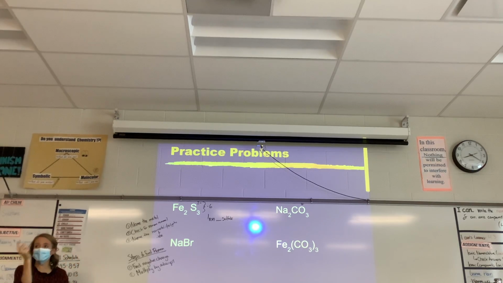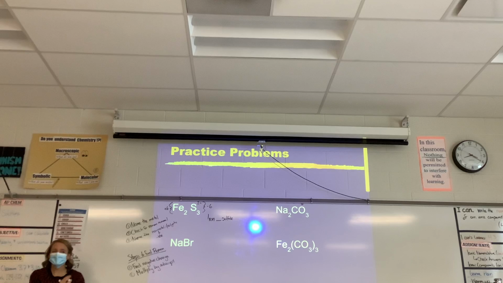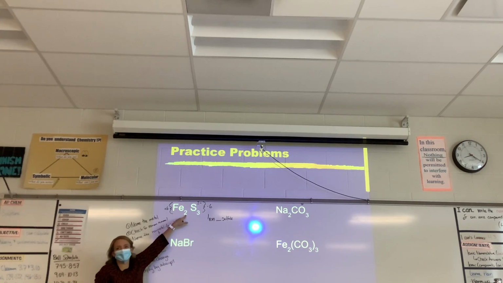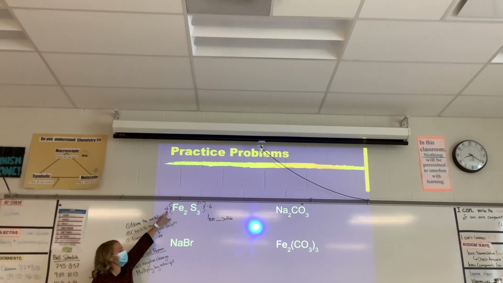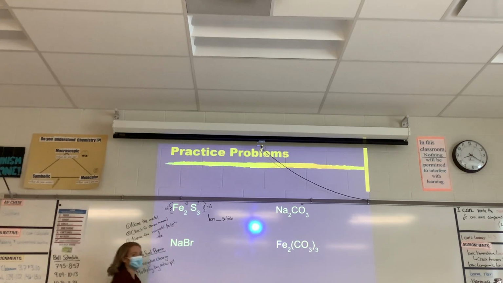So what does that tell me about the positive side? It's 6. So the total of the positive side is 6. But this time, how many positive things do I have? 2. So now you take the positive charge divided by those to get a charge of +3.